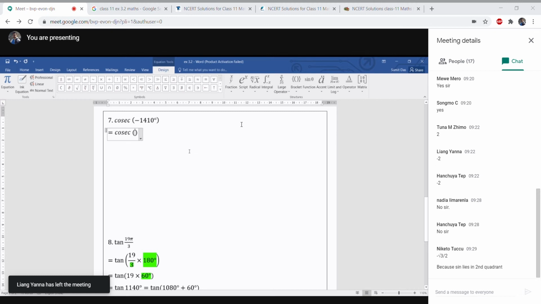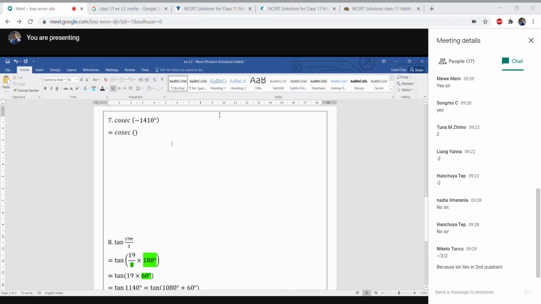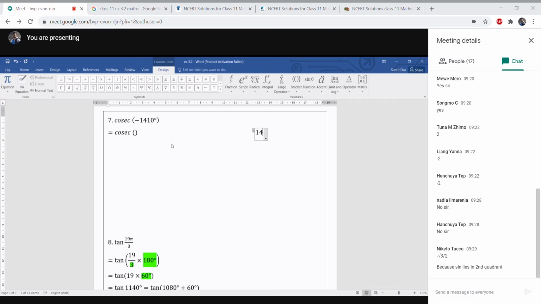So here we are getting 1410, which can be written as 3 into 360. 3 into 360 is how much? 720, 1080. It will be plus 330.